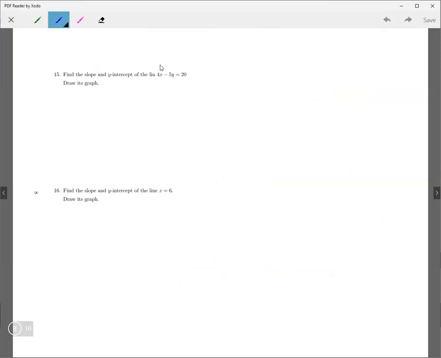Find the slope and y-intercept of this line. So the easiest way is to take this and solve for y.